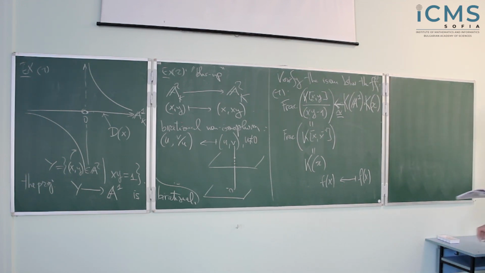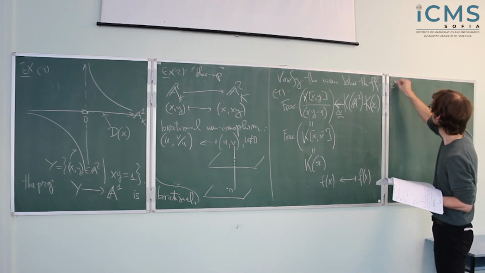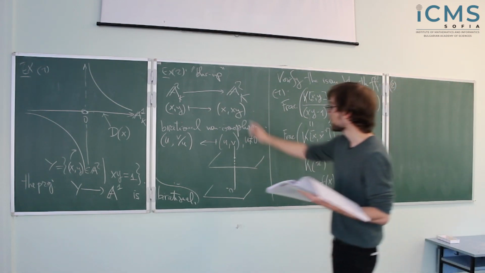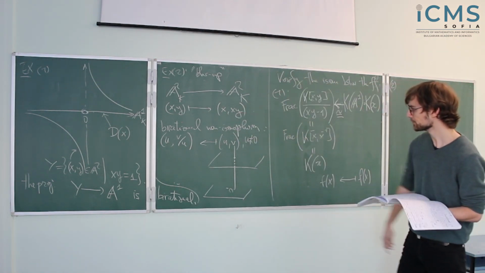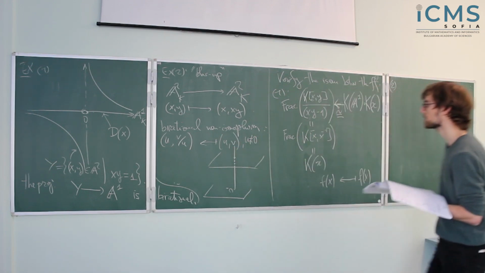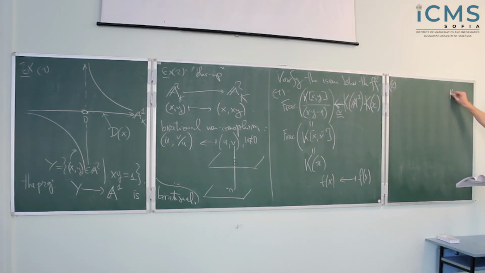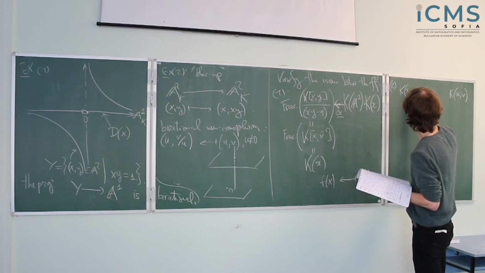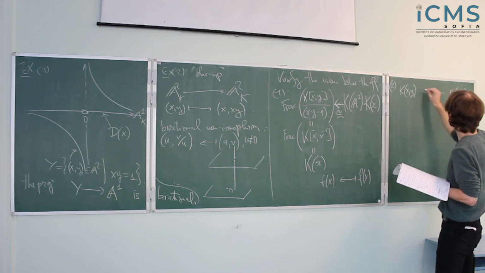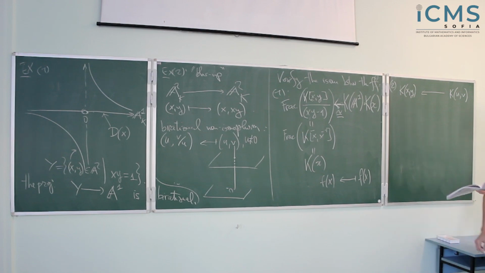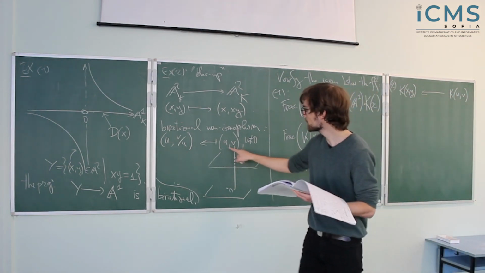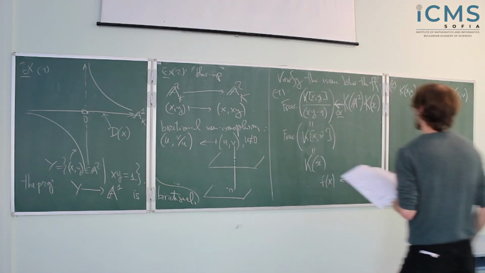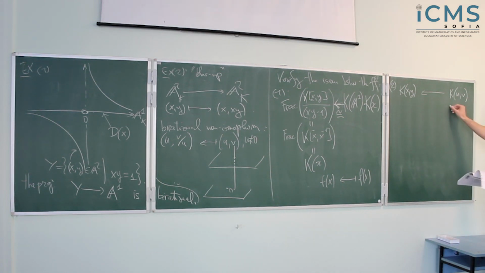Okay, let's see. What about this one? Well, this one is in two variables, u and v. So here we have rational functions in two variables, u and v. And on the other side, we have the same thing. But what's going on between the two? Well, as you can imagine, this is most definitely the map that's going to happen.